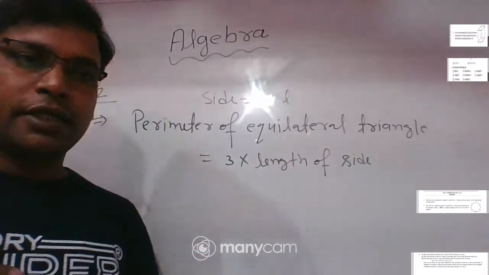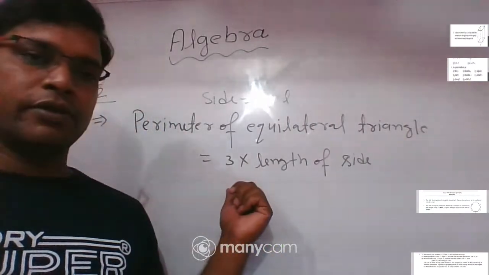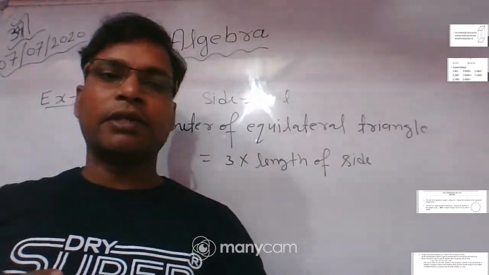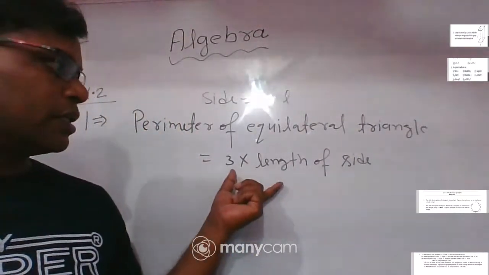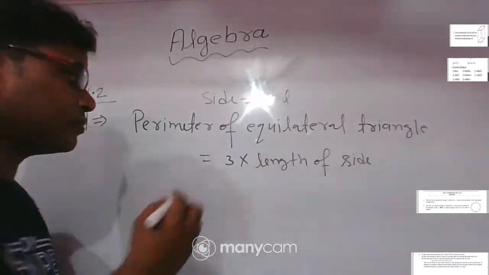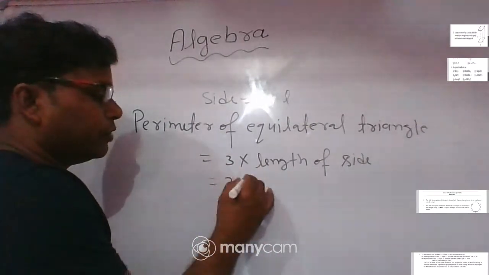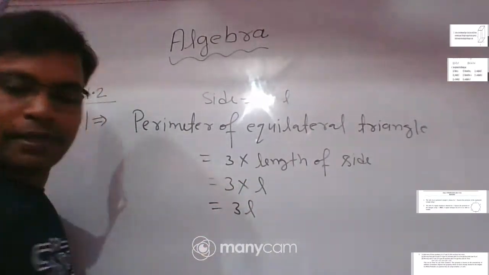Because triangles have three sides and the three sides are equal. So we write here 3. If they are unequal, we write sum of three sides. But here all sides are equal because this is equilateral triangle. So we write here 3. This is equal to 3 into L. This is equal to 3L.